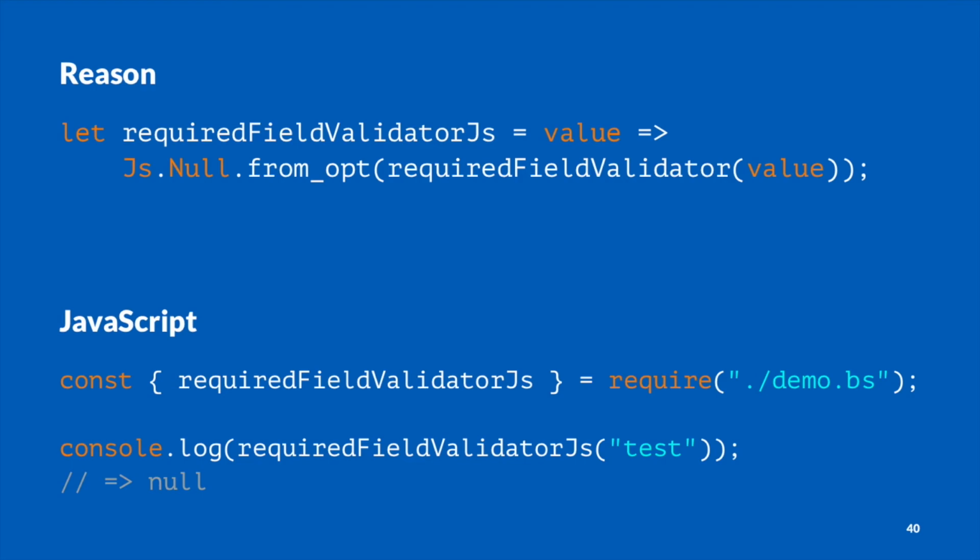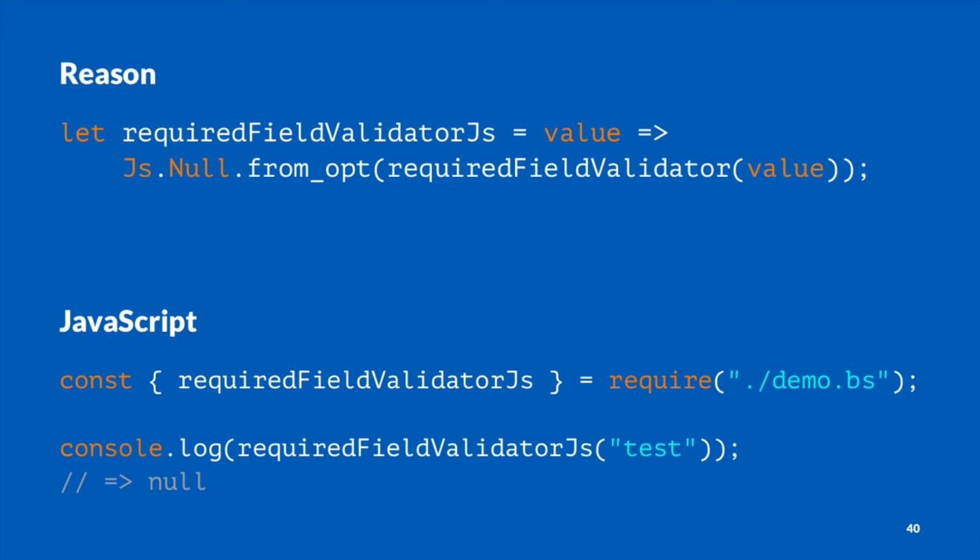So there's a function in the Js.Null namespace in BuckleScript that allows you to convert an option type variant to a nullable JavaScript type. So I could declare some function called requiredFieldValidatorJS. JS just means this is for JS clients of my library and not for the Reason clients of my library.